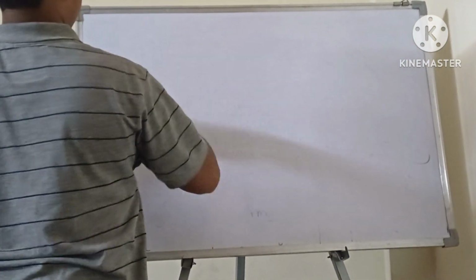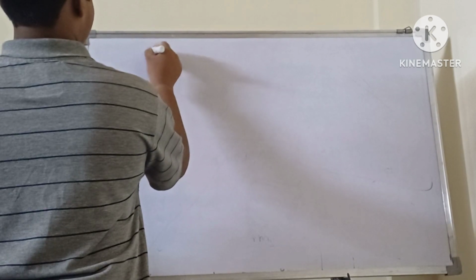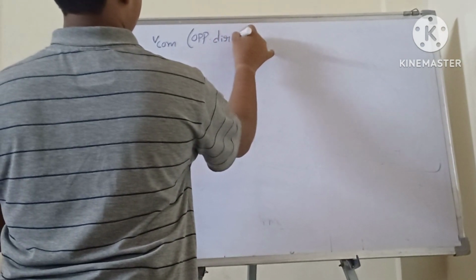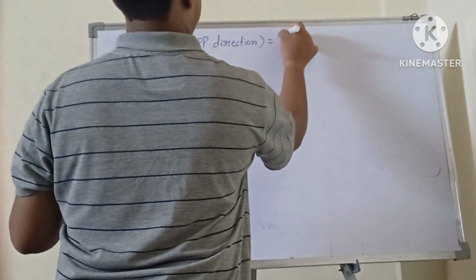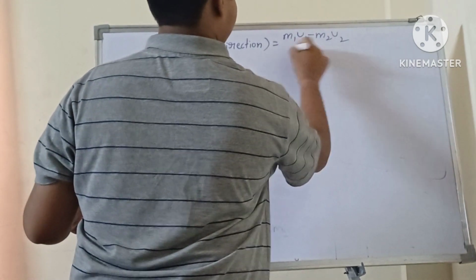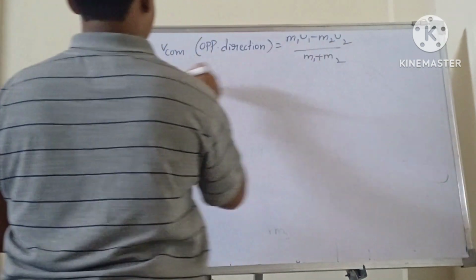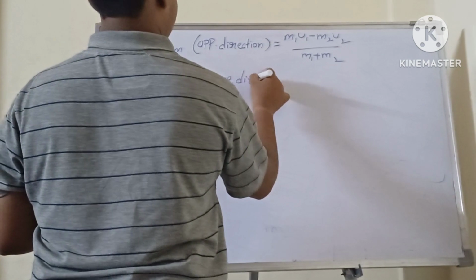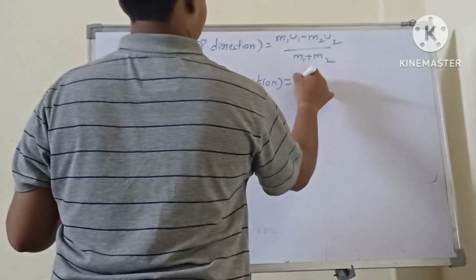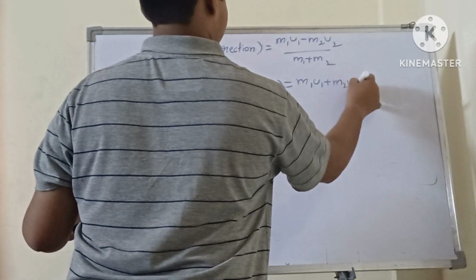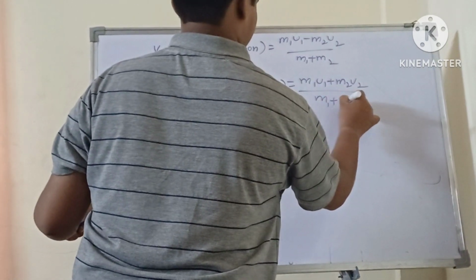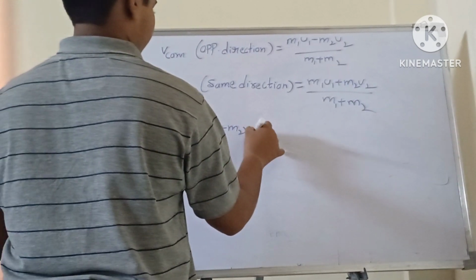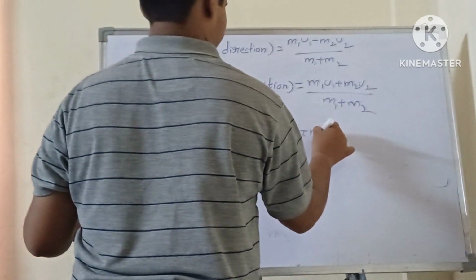So in this video, we learned that vcom in the opposite direction is m1 u1 minus m2 u2 by m1 plus m2, and vcom in the same direction is m1 u1 plus m2 u2 by m1 plus m2, and the law of conservation of momentum formula is m1 v1 plus m2 v2 is equal to m1 u1 plus m2 u2.